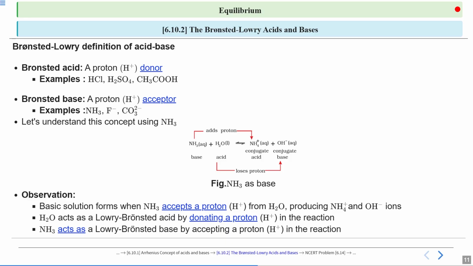Now in the backward reaction, what will happen? In the backward reaction, this OH minus will accept the hydrogen and form H2O. Got it? The last point is ammonia is acting here as a Lowry-Bronsted base. Why? Because it is accepting H plus in this reaction. So your H2O is acting as a Lowry-Bronsted acid and ammonia is acting as a Lowry-Bronsted base.